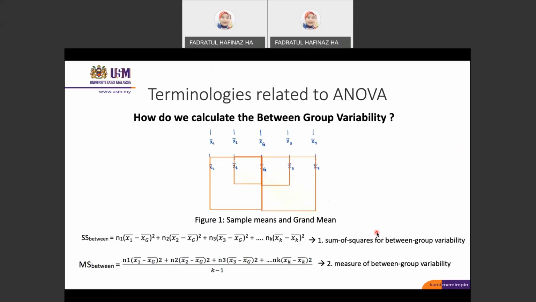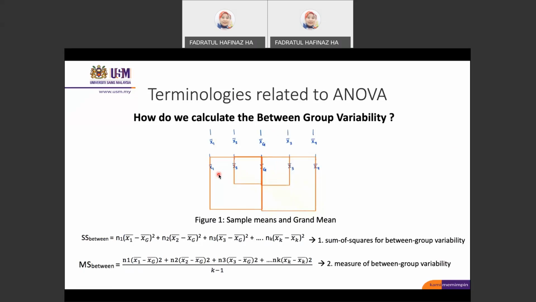Now another terminology. This is how we are going to calculate the between group variability. We will calculate between group variability just as we calculate the standard deviation. Given the sample means and the grand mean, we calculate it as shown in the figure. We also want to weight each square deviation by the size of the sample.